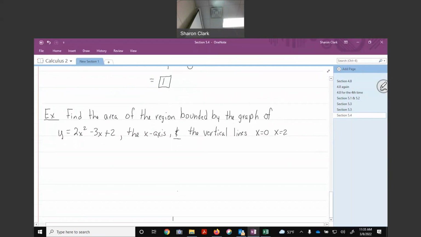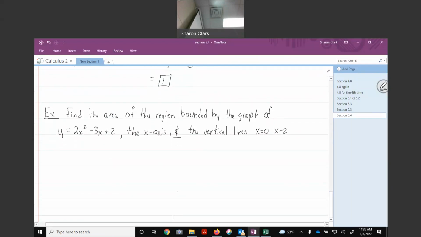Okay, so let's draw that picture. X, Y. And we're going to do 0, 1, and 2. When we plug in 0, we get 2. When we plug in 1, we get 2 minus 3, 4 minus 3, which is 1.